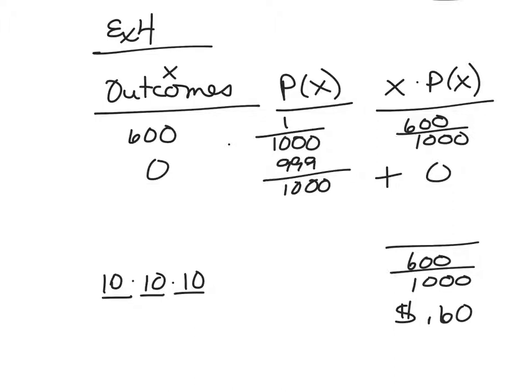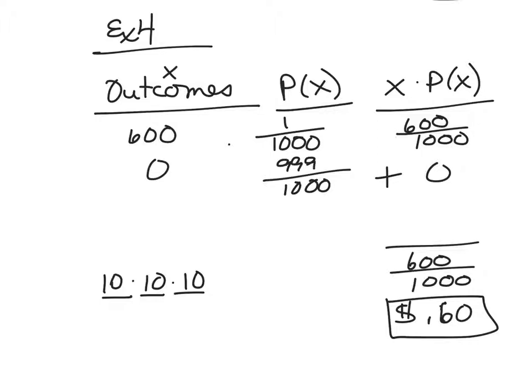Now what does that mean? That means the expected winnings per player, per person who plays the game, is 60 cents a player. Now the way that's divvied out is one of them is going to get 600, and 999 of them are going to get 0, but that means they average 60 cents a play. So the fair price to play that lottery would be 60 cents.